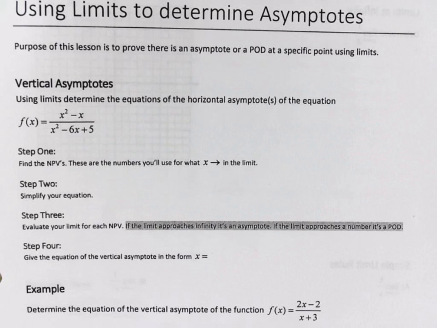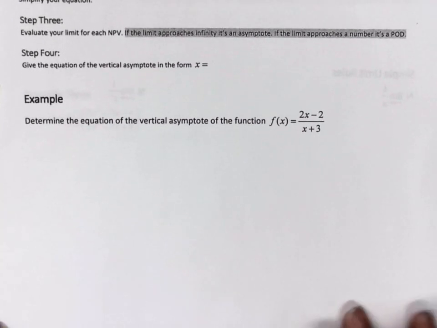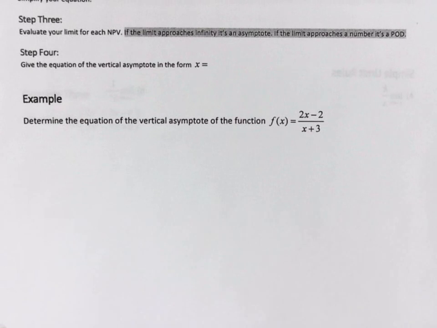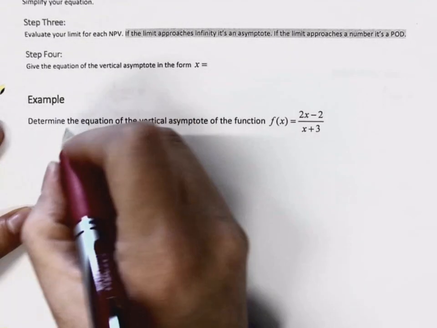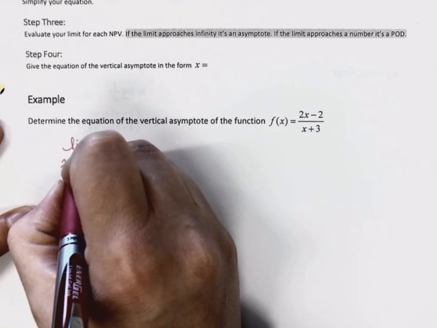Okay, so let's look at this one down here. Step 1 was to find our NPVs. So our NPVs are what? -3. So we're going to be assessing the function, the limit, and this only has one NPV.